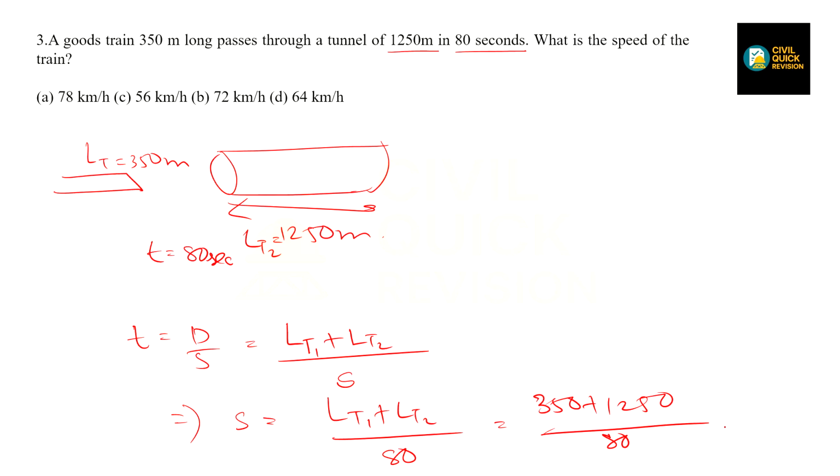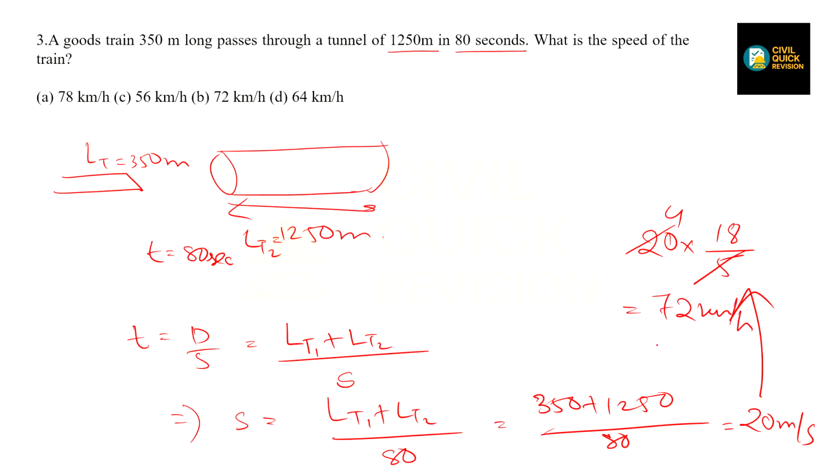In this question the units are meters, so we get the value in meter per second, but we can convert it into kilometer per hour. So 350 plus 1250, divided by 80, gives 20 meter per second. We convert this 20 meter per second into kilometer per hour: 20 into 18 by 5. 5 4s are 20, 4 times 18 is 72. 72 kilometer per hour. So option B will be the correct answer.